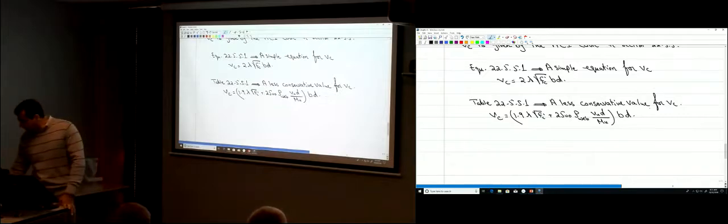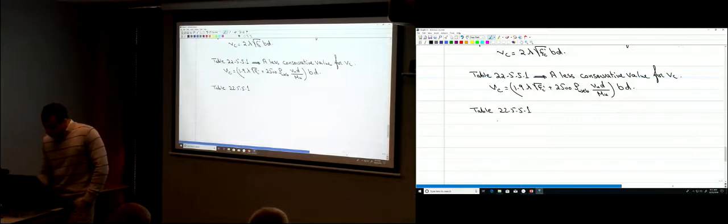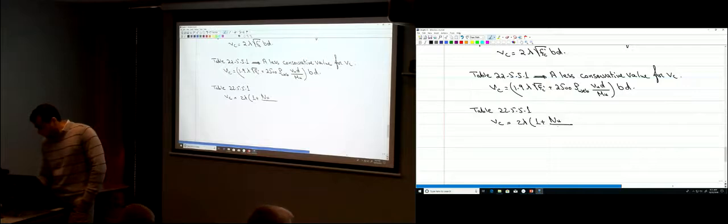So the equation for VC, another equation here, I guess this is in the table as well, table 22.5.6.1, will give you VC equals 2 lambda multiplied by 1 plus Nu divided by 2000 Ag, multiplied by square root of f'c, bd.